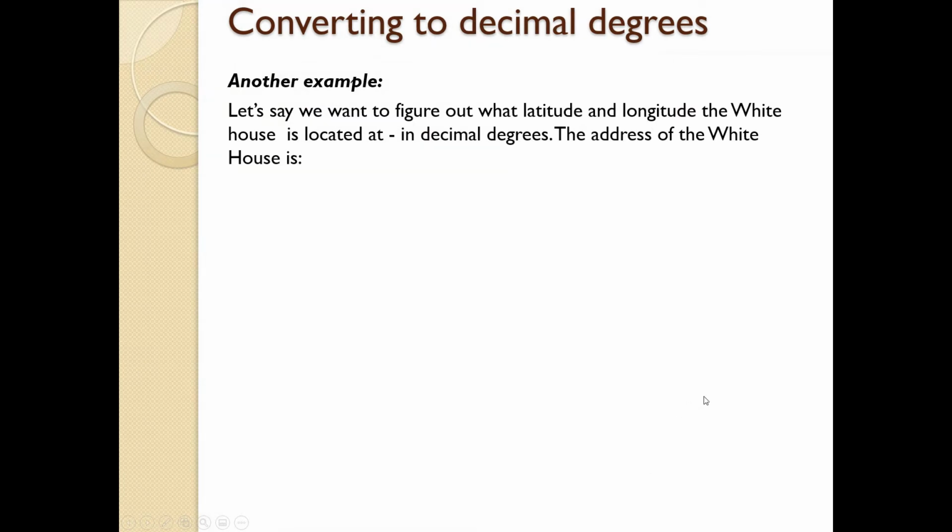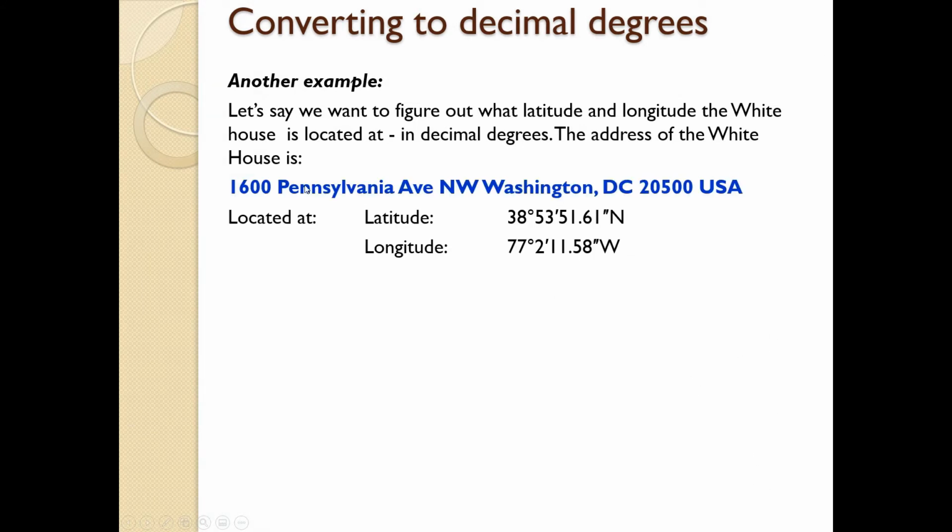Let's try one more calculation. Let's say you want to figure out the White House in the US. Well, it's located at 1600 Pennsylvania Avenue in Northwest Washington. And according to Wikipedia, it sits at 38 degrees, 53 minutes, and 51.61 seconds north. The longitude is at 77 degrees, 2 minutes, and 11.58 seconds west.